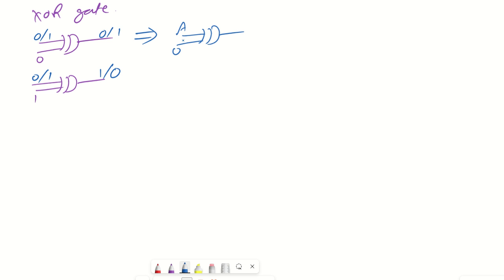If my input is A, whether it is 0 or 1, my output will be the same A. So this is acting as a buffer. If you want to implement a buffer using an XOR gate, you tie one of the inputs to 0, and the other input will give you the output same as the input.